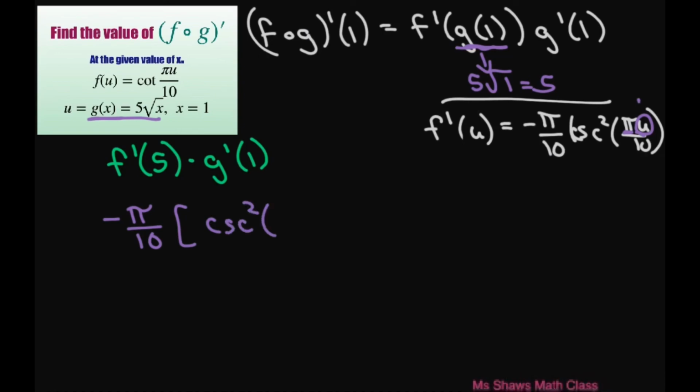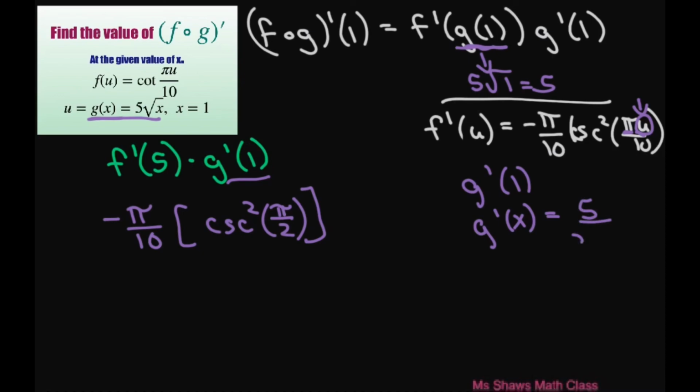Now, when you substitute in the 5, you're going to get 1/2, so that's going to be pi divided by 2. And then for our g prime of 1, remember g prime of x was 5 divided by 2 square root of x. So when you substitute in a 1 here, you're just going to get times 5/2.